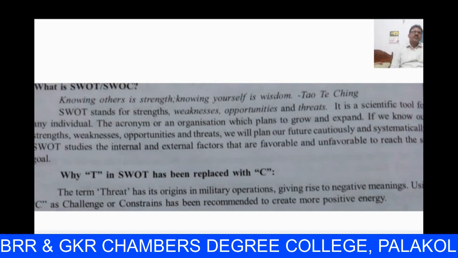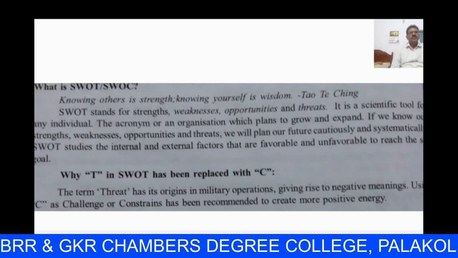SWOT studies the internal and external factors, whether it is individual or organization. It deals with internal and external factors that are favorable and unfavorable to reach their goals.